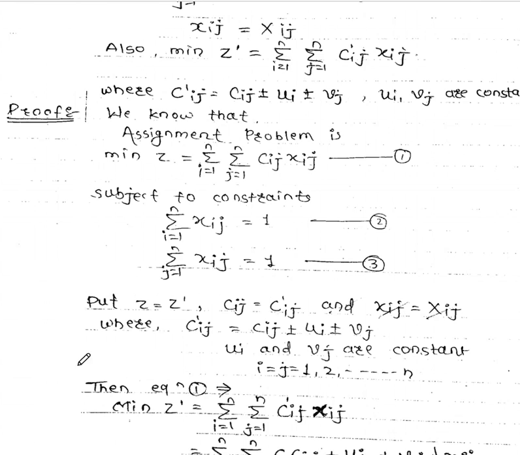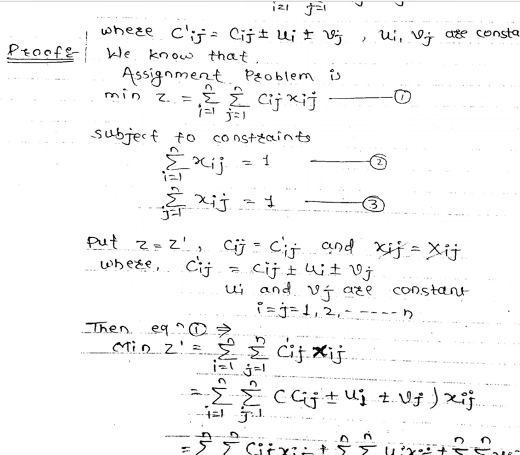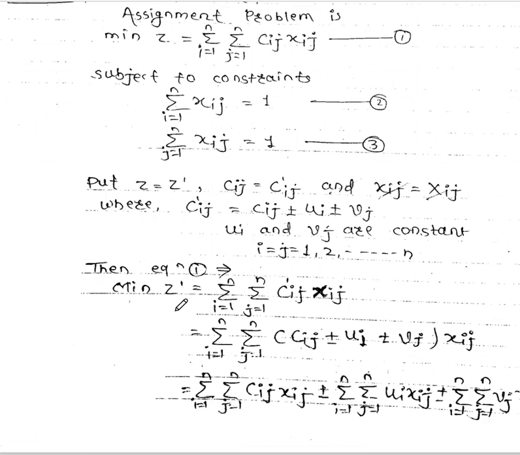Using this substitution in equation number 1, we get minimum Z dash equal to summation i equal to 1 to n, summation j equal to 1 to n, C dash ij, capital Xij, with the summations as they are.